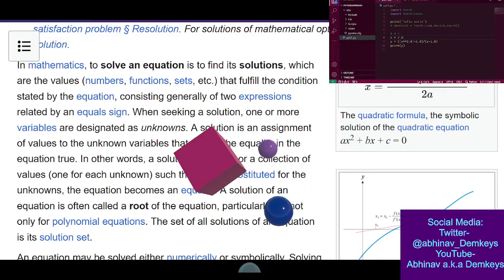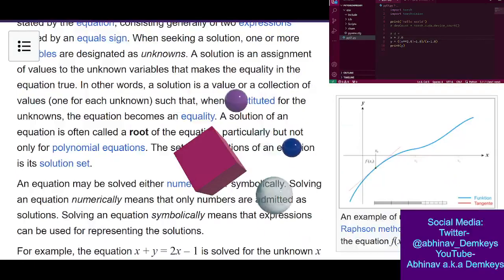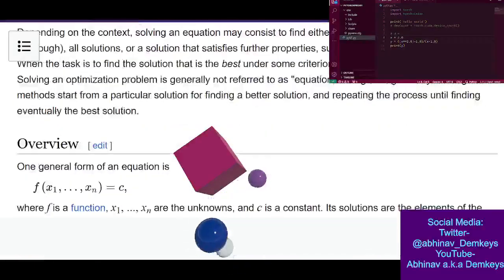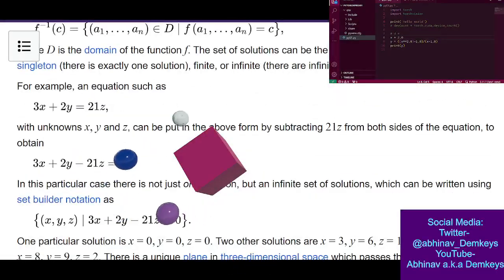I don't know if solving the equation is the right term to use there. Rearranging an equation. I've very rarely been in a situation where I had to rearrange an equation, and so I kind of just forgot how to do it. So I want to learn how to do it again, at least for simpler stuff. Of course, this can be applied to much more complex things as well, but I'm not trying to do that.